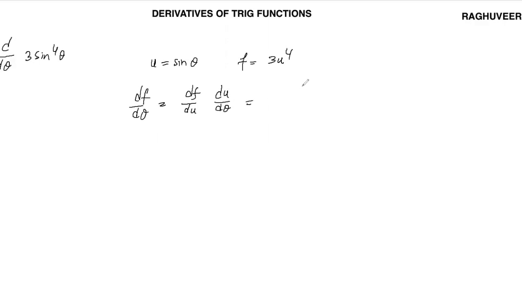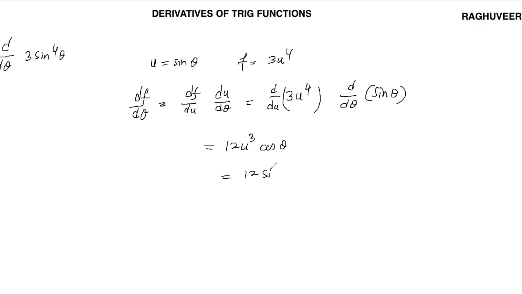So this is d by du of 3u power 4, and d by d theta of sine theta. So this is 12u cube cos theta, which is 12 sine cube theta cos theta.